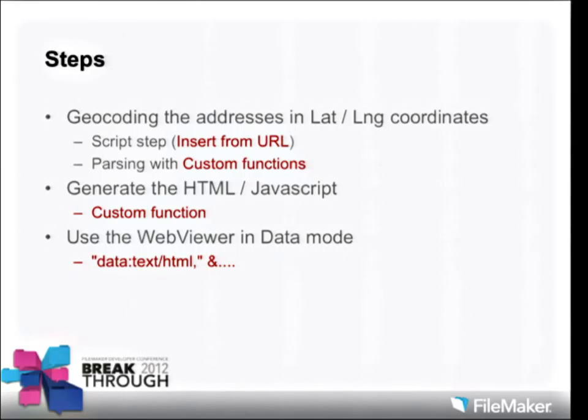It's text. And I will ask the web viewer to render this data URL. It's actually a very, very powerful function. And you know why? It works everywhere. You can do that directly, and it works also on FileMaker Go. And it prevents the problem of the long URL, because you're not requesting. You're actually building an HTML document that would be rendered automatically by the web viewer.